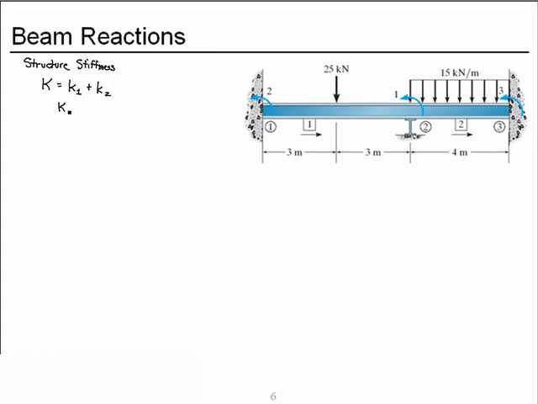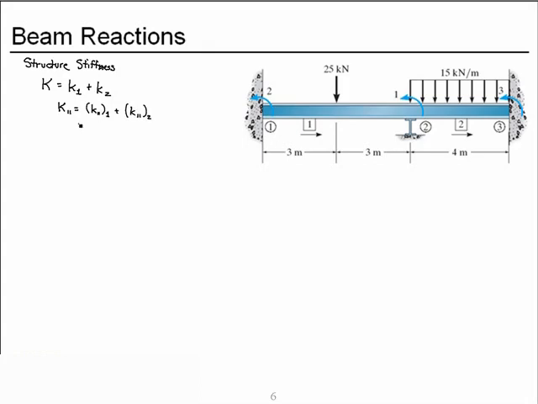entry 1, 1, that is the force generated at degree of freedom 1 due to deformation at degree of freedom 1, is given by the component from element 1, or coefficient from element 1, plus that same designated coefficient, degree of freedom 1 and 1, from the second element.